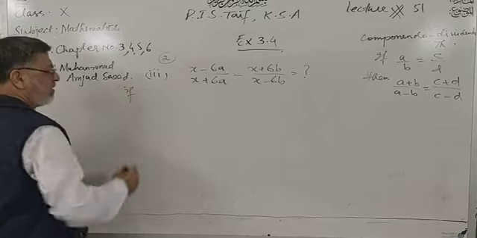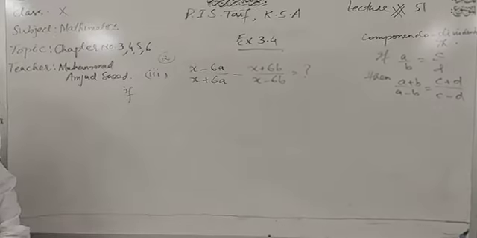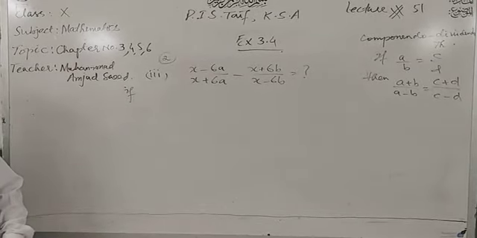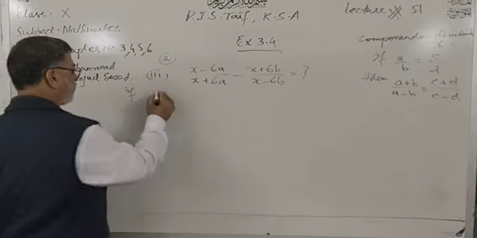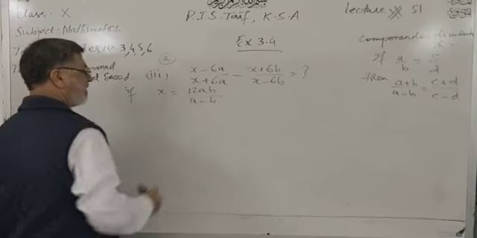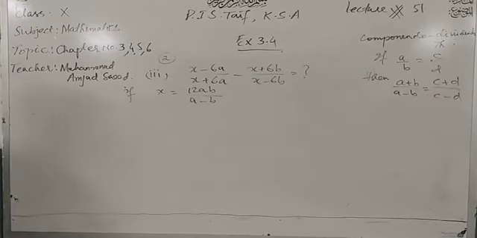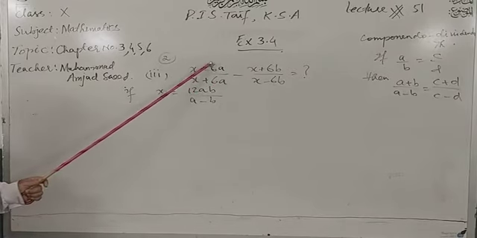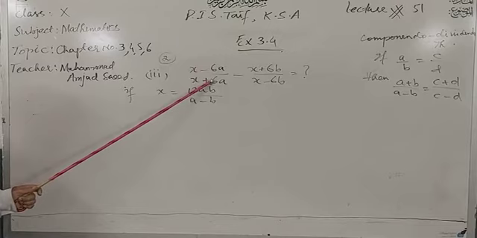Given is x is equal to 12ab over a minus b. First of all, you look at this part. What you have to find, here is x minus 6a, x plus 6a.